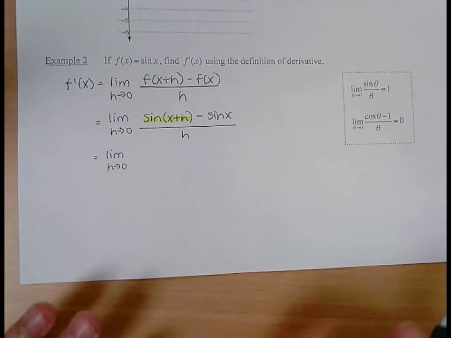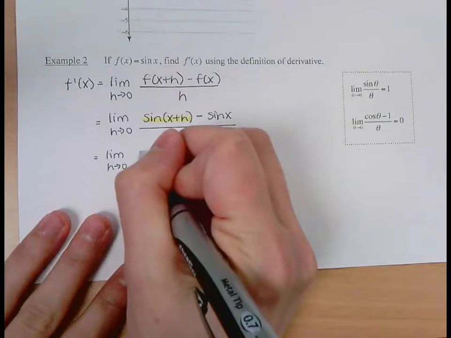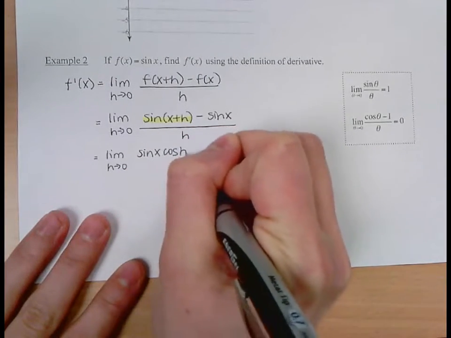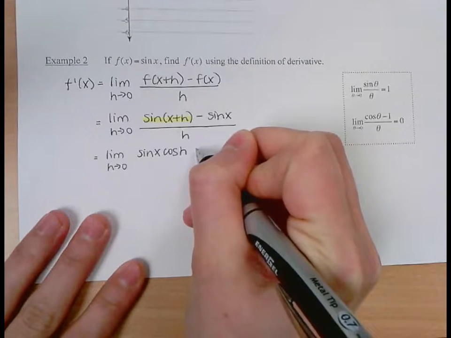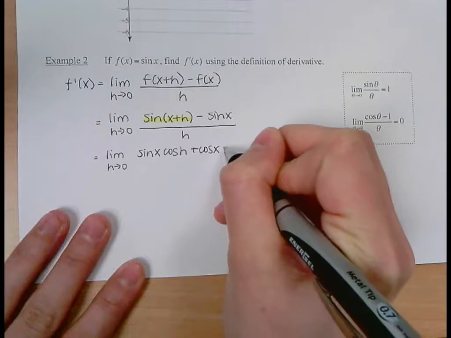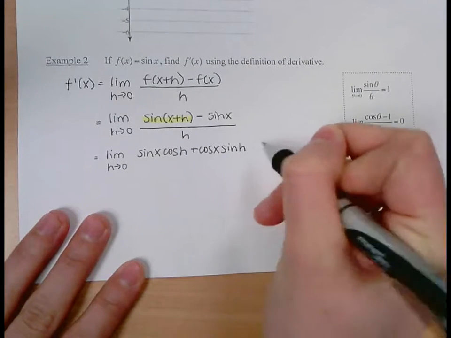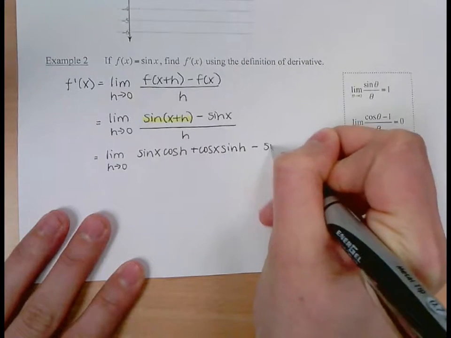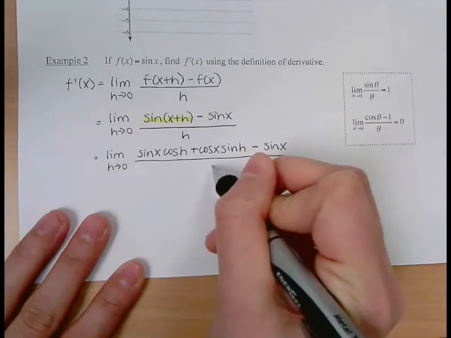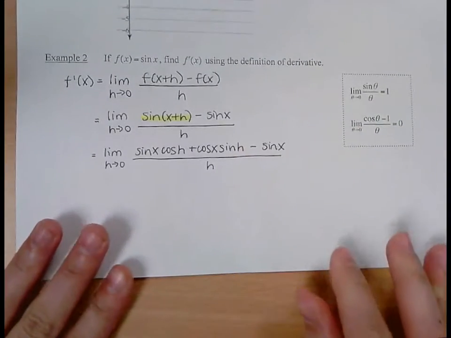So that would be sine of x times cosine of h plus cosine of x times sine of h. And then we still have minus sine of x all over h.